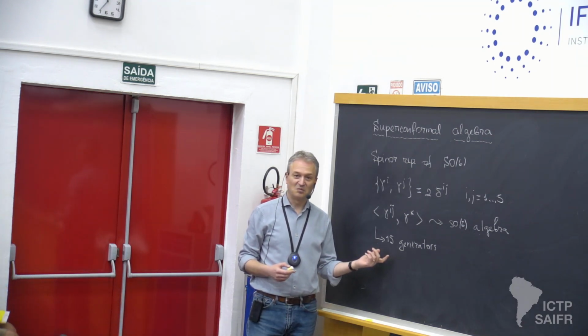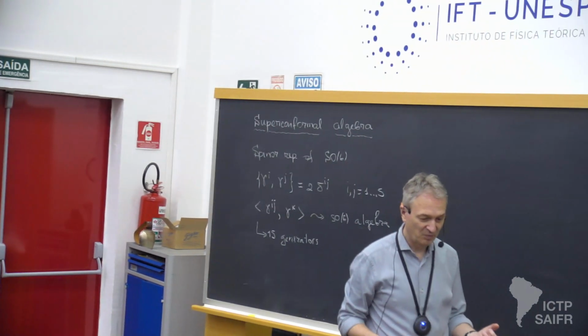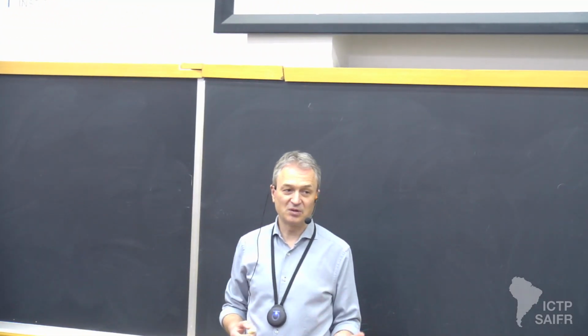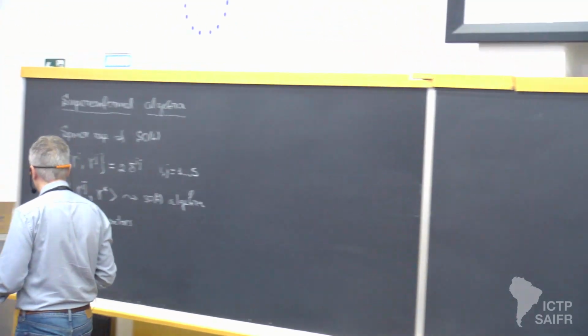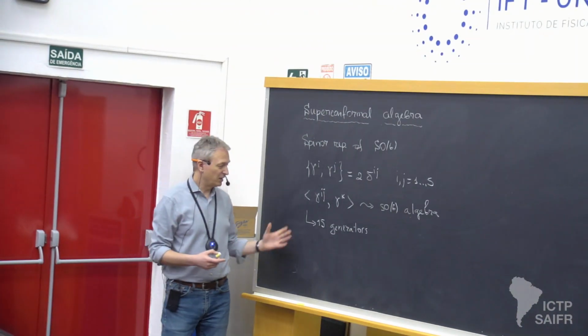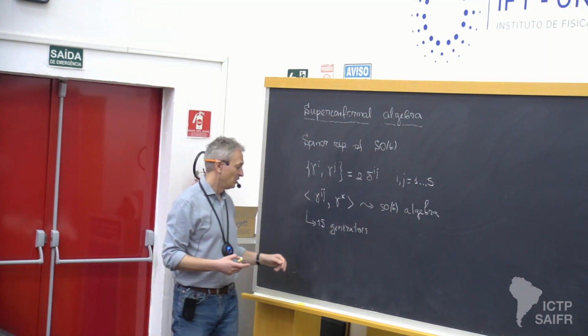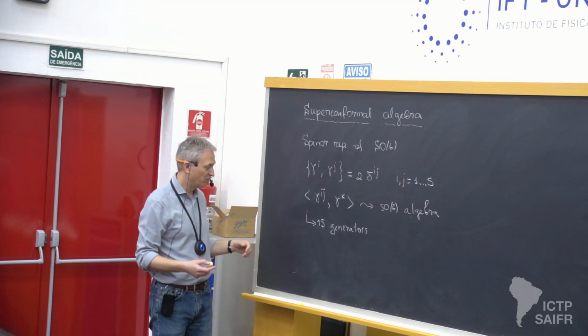So there are 16 Hermitian matrices overall, and then one of them is just a unit matrix, so that we remove by the trace condition. So we can identify the spinor representation of SO6 with the full set of Hermitian traceless matrices of size 4x4.